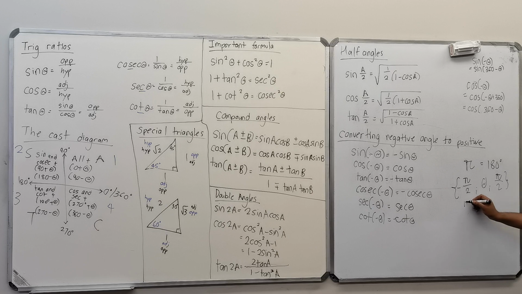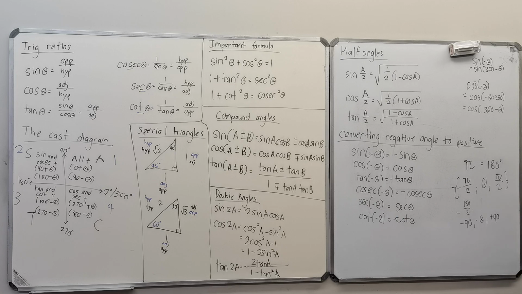So this is the same as saying 180 over 2. So your answer basically needs to lie between negative 90 and positive 90. So whatever your degrees work out to, it just needs to lie there. That's perfect, right?